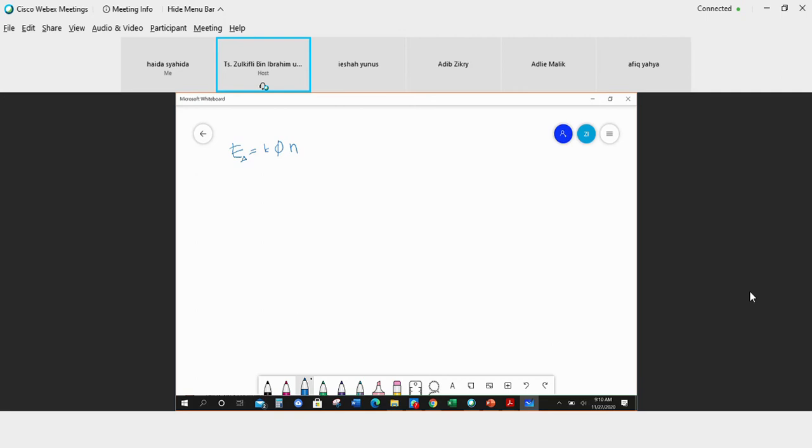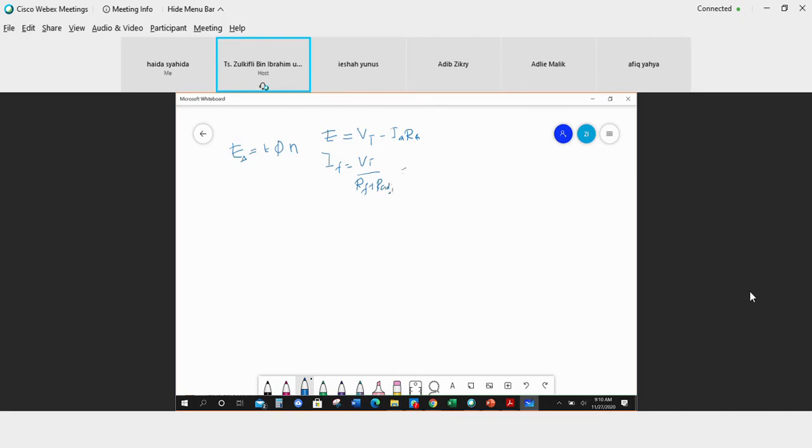So you have to find how much is EA based on the equation for the motor, EA equals VT minus IA RA. So your IF is equals to VT divided by RF plus R adjustable.